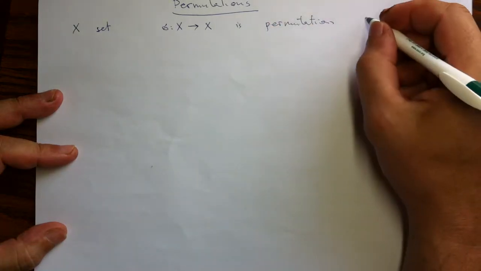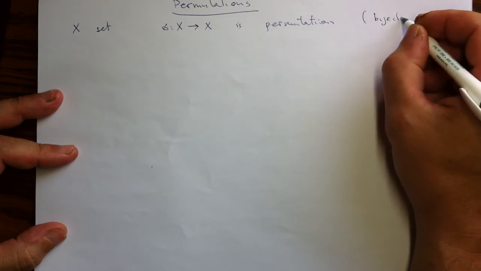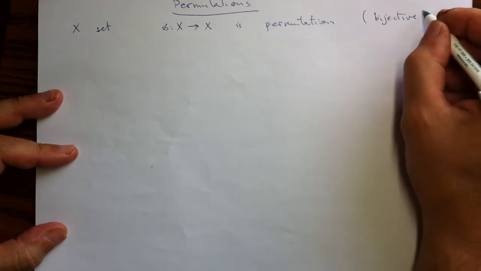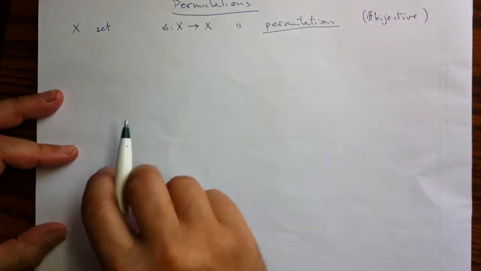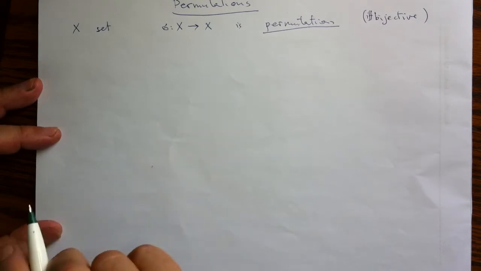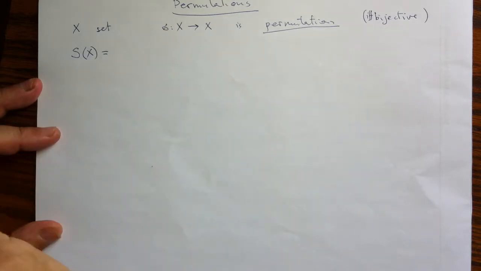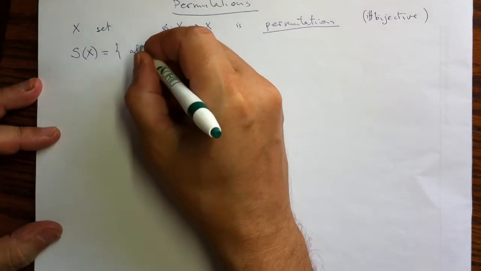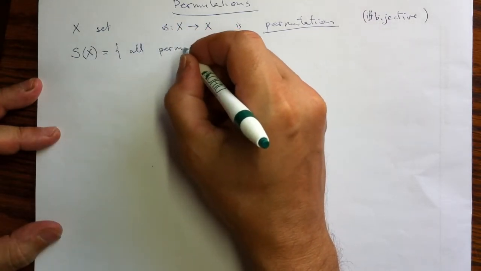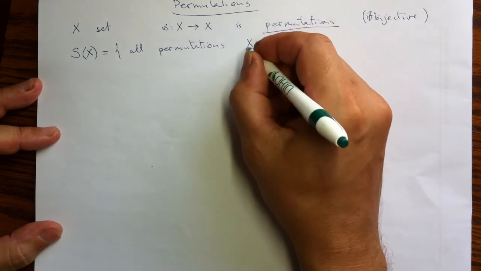If this map is bijective or invertible, let's denote somehow the collection of all such. So let's call it S of X for symmetric group on X. That will be the set of all permutations of X.